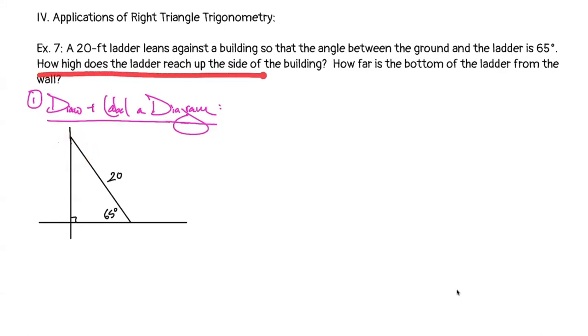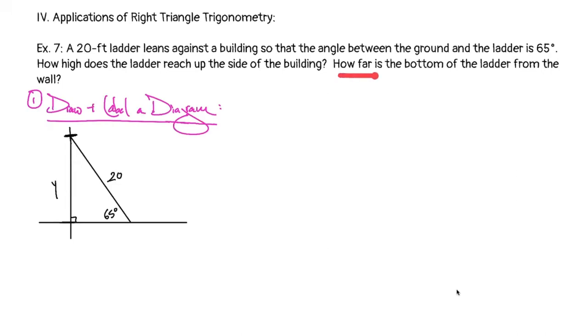It says, how high does the ladder reach up the side of the building? Now, just like I'm not super creative with my diagrams, this is the side that I want to find. This is in the vertical direction, so I'm going to call it Y. I know that's so boring, okay? But it's basically just the distance from the ground to the top of the ladder.